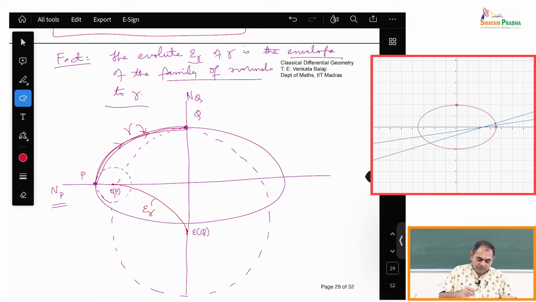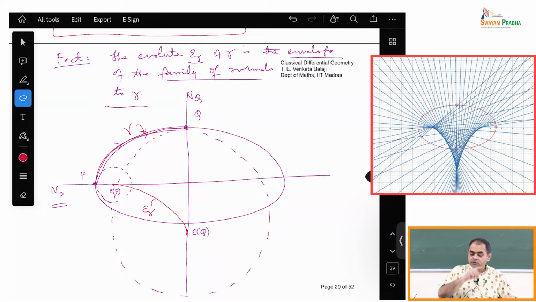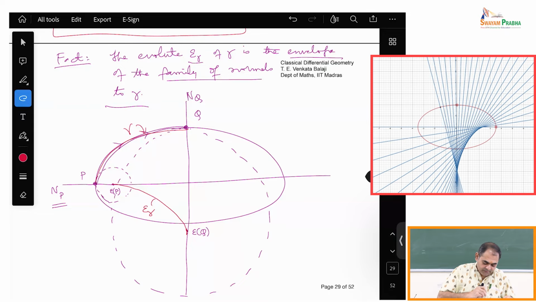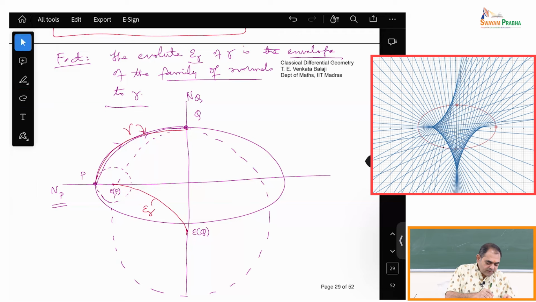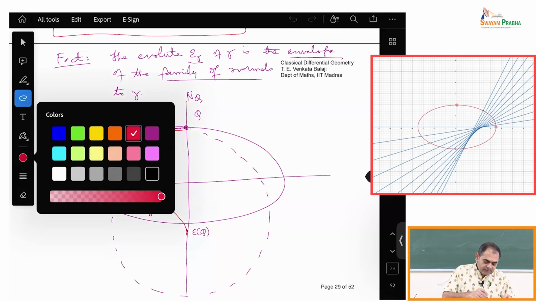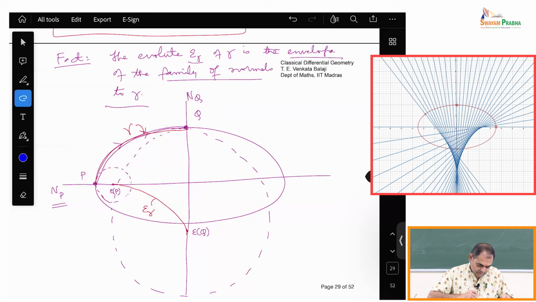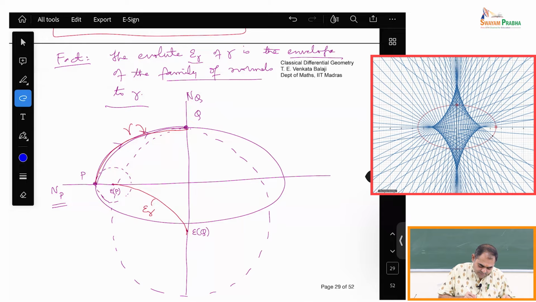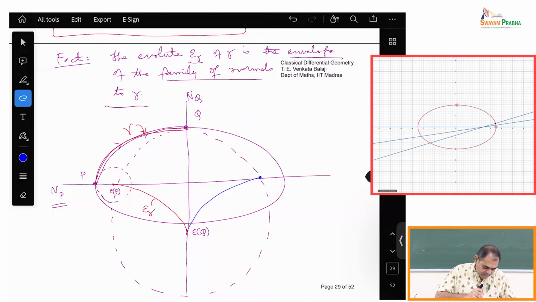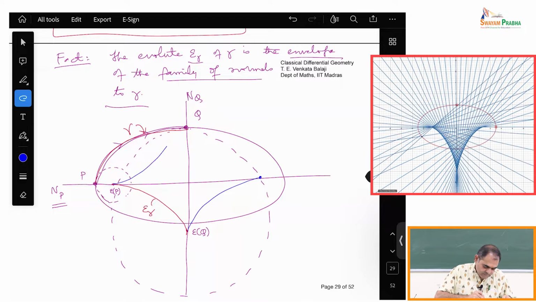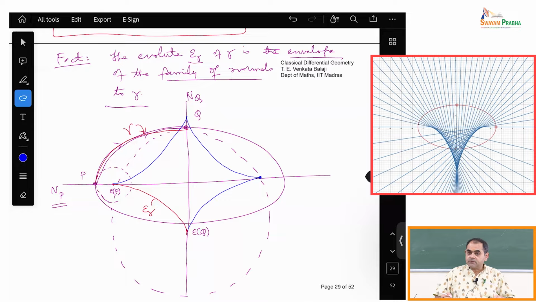See, if you draw the full evolute, you will get a non-symmetric asteroid. So let me just draw that. Here, by symmetry, I will get this, and then here I will get this. So this is what is going to be the evolute, all right.